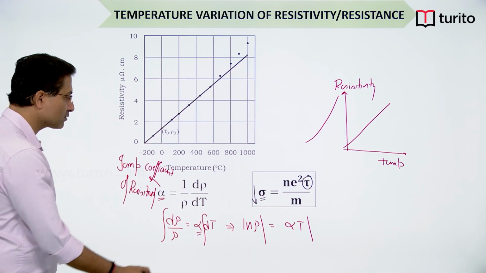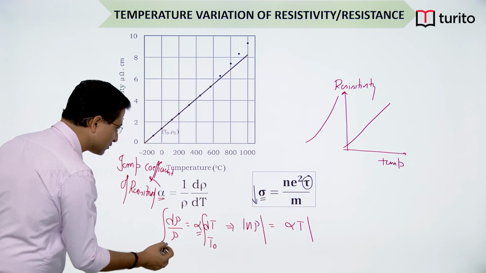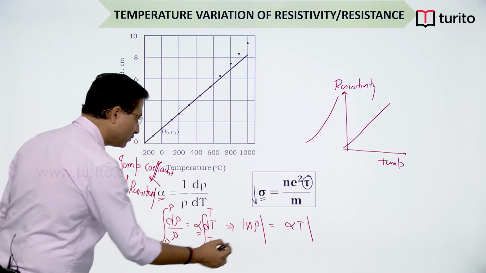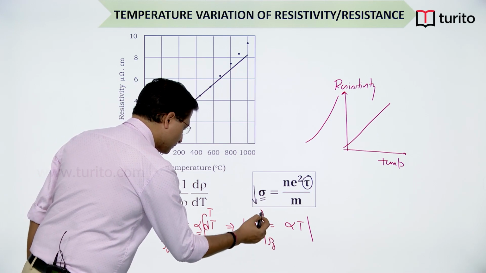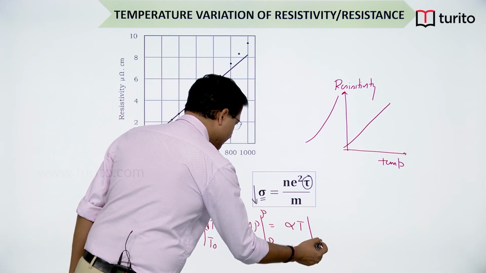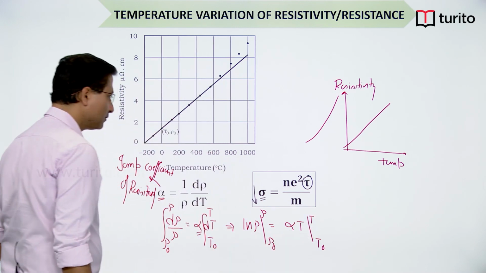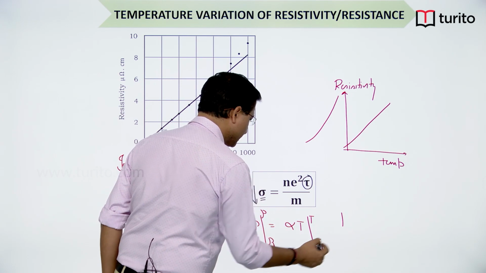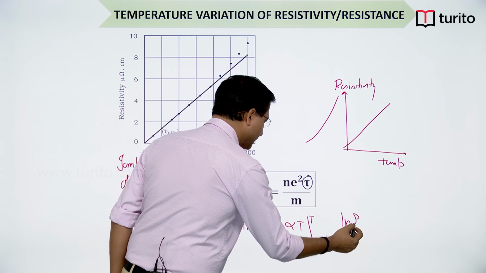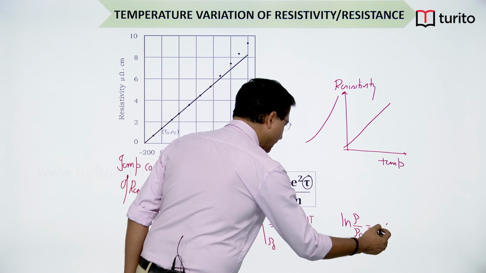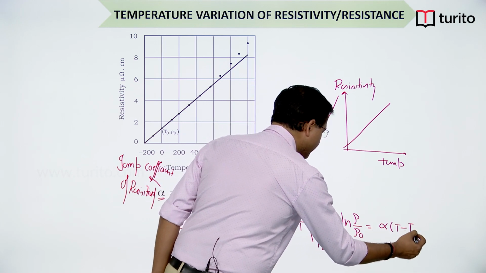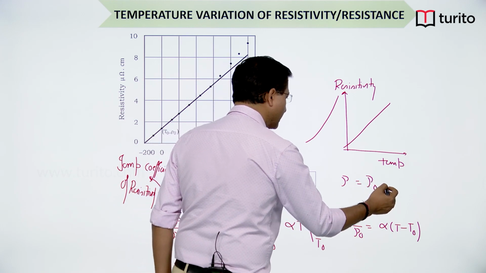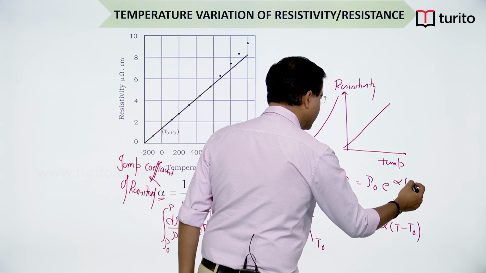So, at T is equal to some T naught, if I assume resistivity is rho naught, and at some T resistivity is rho, I am getting ln of rho by rho naught is equal to alpha times (T minus T naught). This can be written as rho is equal to rho naught e to the power alpha (T minus T naught).